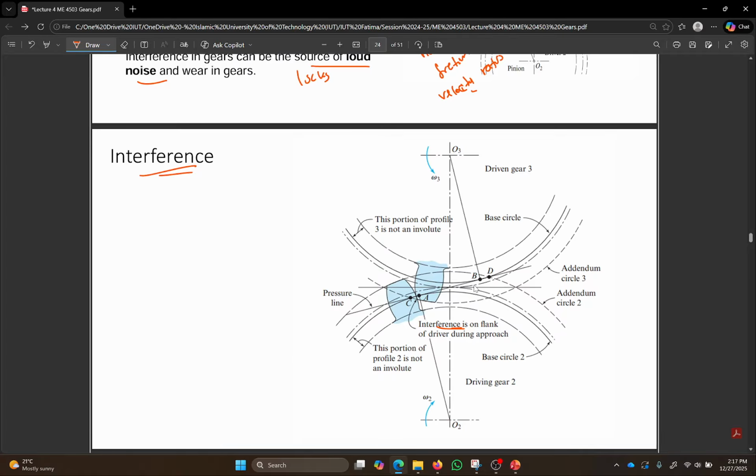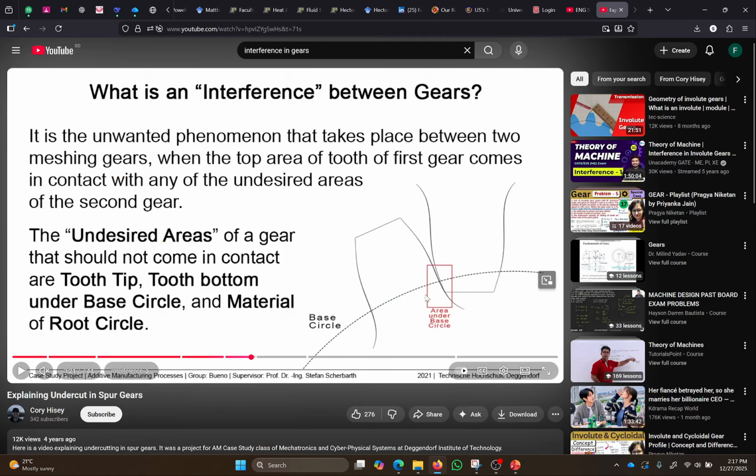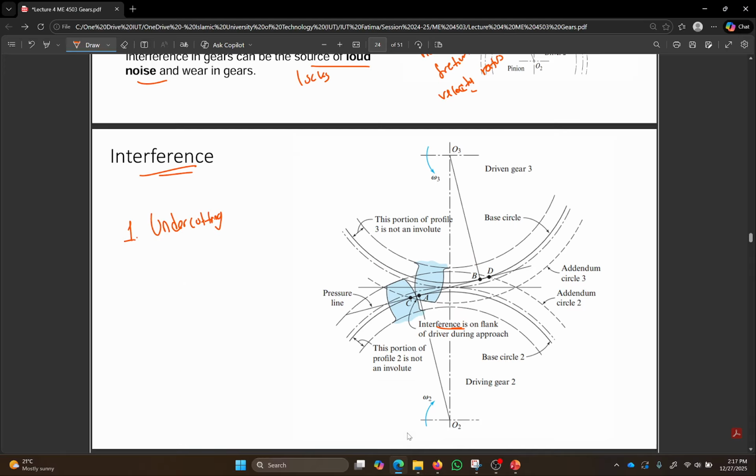Okay, and we don't want interference, so there are many ways to reduce interference. One of the easiest ways is called undercutting. It's like, okay, fine, you are contacting over here, you are kind of locking up over here, then let me cut you like this. If this is the one locking up, then let's remove this material, then they don't lock up, and the non-involute portion won't come in contact with the involute portion.